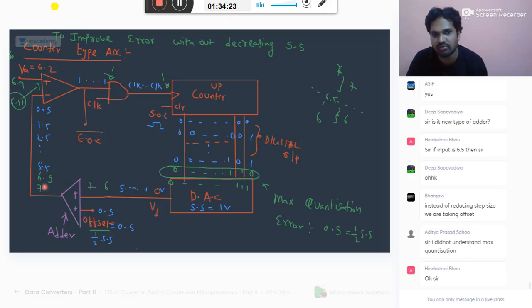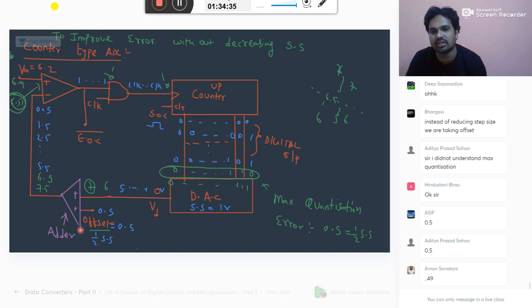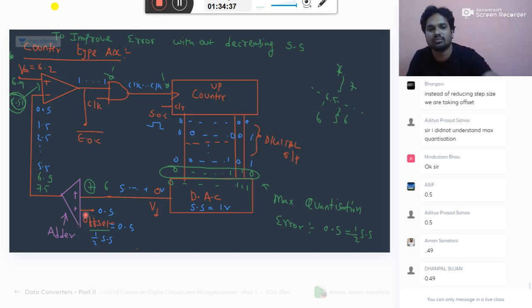It will come to 7.5 and stop. In this case, what is the error you will get? You are there or not, Aditya? Please tell me. That is the maximum worst case possibility here.